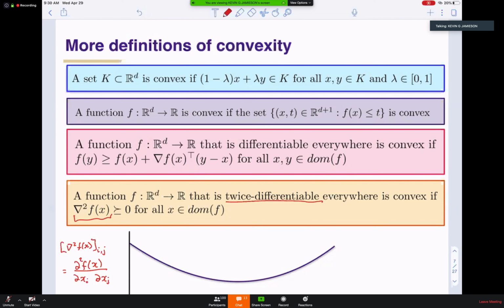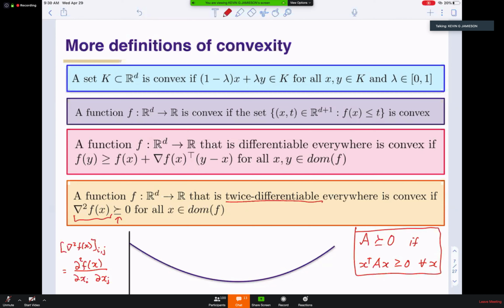And so there's a matrix, and if it is, this little symbol here means positive semi-definite, so A is greater than or equal to 0 if x transpose Ax is greater than or equal to 0 for all x. This is a definition.